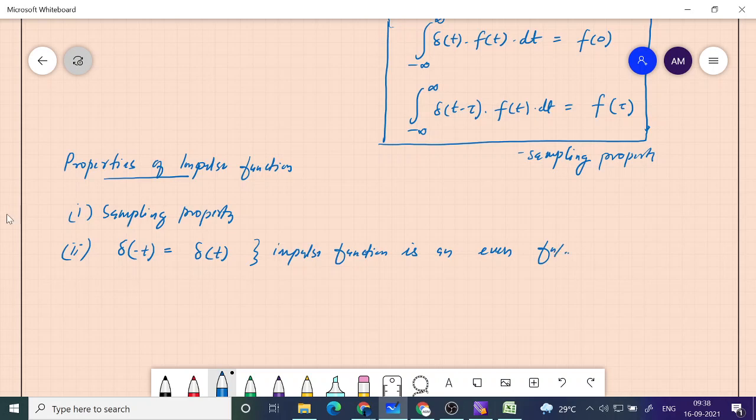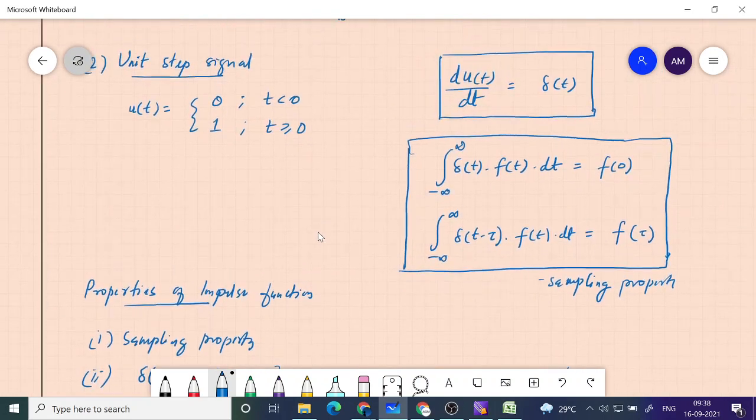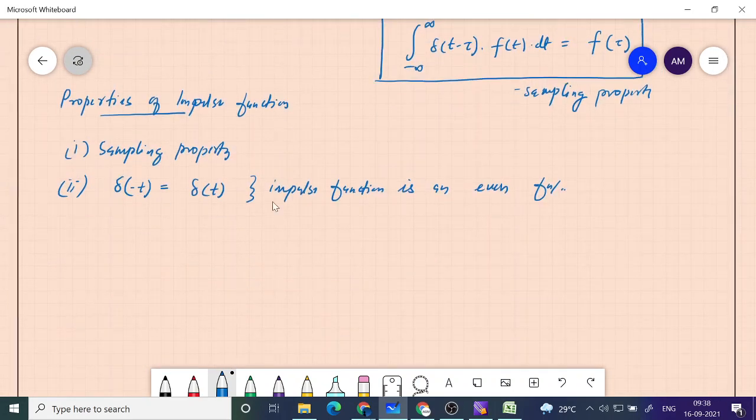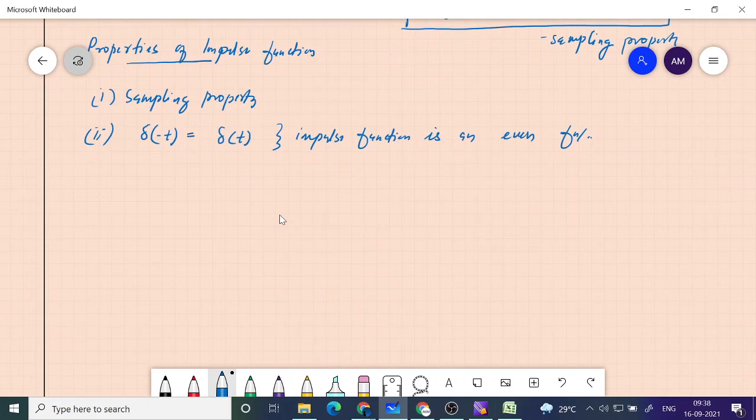So how do we show this? Most of these properties, in order to prove them, we have to go to the integral definition of the impulse function. Let's take the LHS and integrate it. What will we get? The integral from minus infinity to plus infinity of delta of minus t dt.